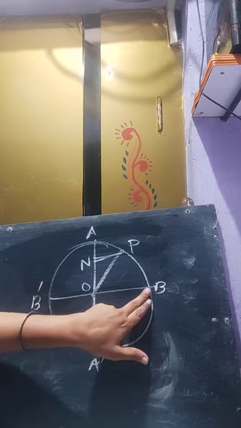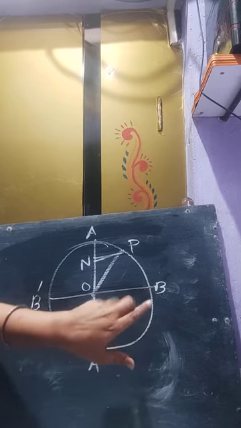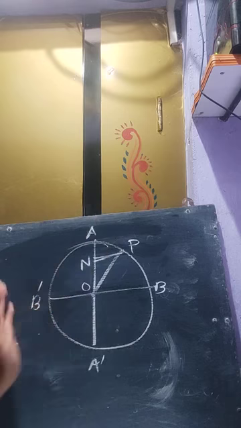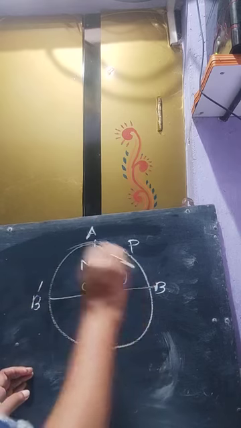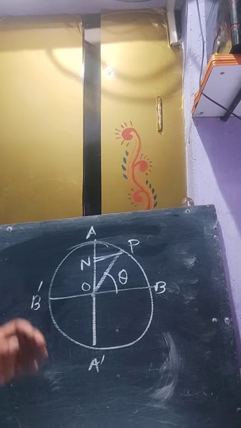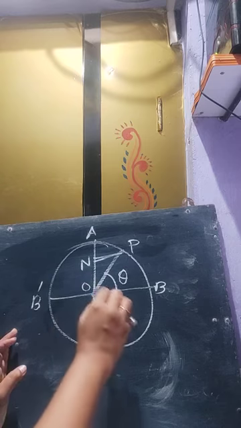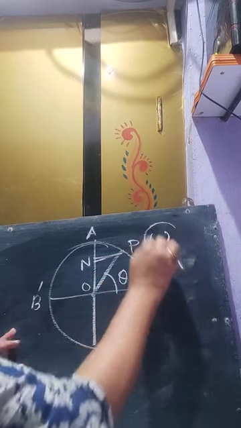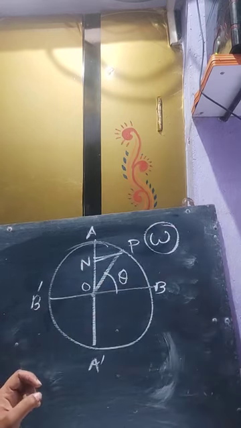If initially the particle P is in this position, and it starts to rotate through an angle theta in radians at time t, let us consider that the angular velocity is omega.